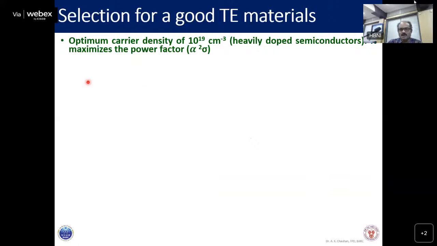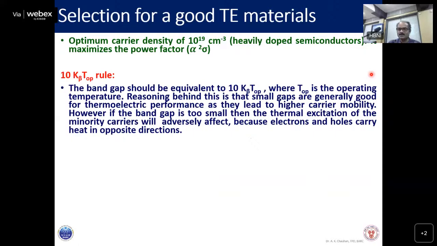You can optimize the carrier density by doping, change it and do different measurements to find which carrier concentration gives you the best result. This has been arrived at: 10 to the power 19 is the optimum carrier concentration.